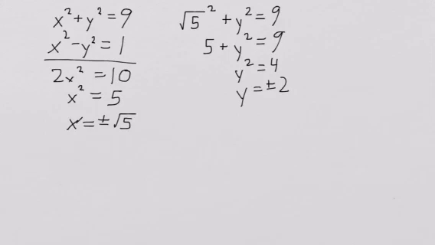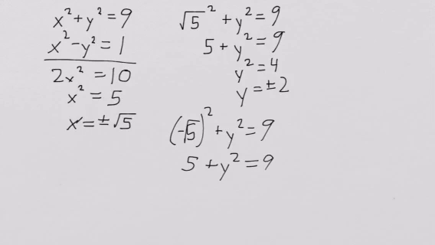And likewise, if I were to plug in negative square root of 5, we end up getting 5 plus y squared equals 9, and the rest of it's the same from there.